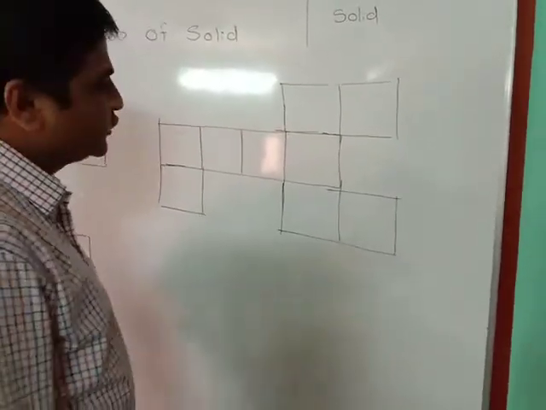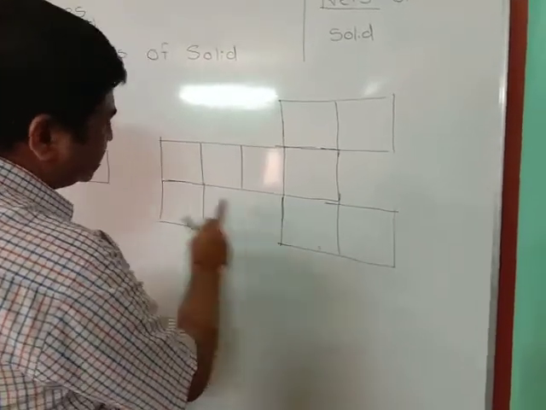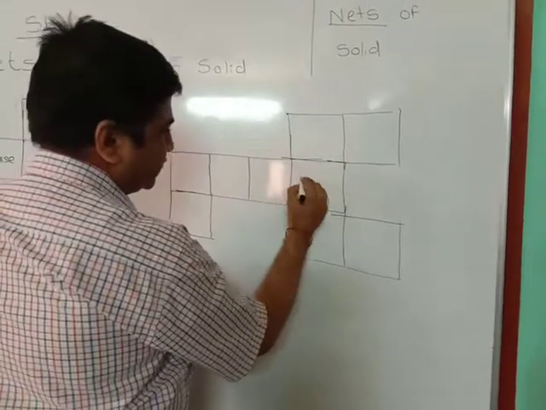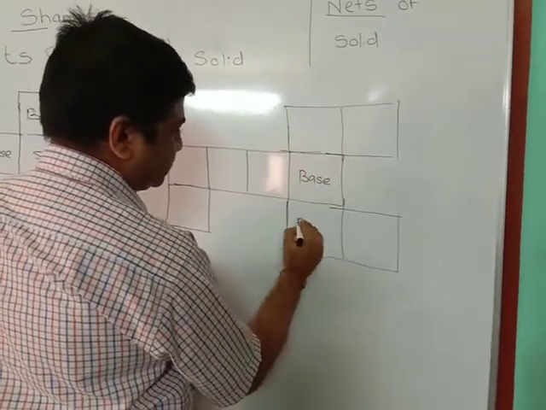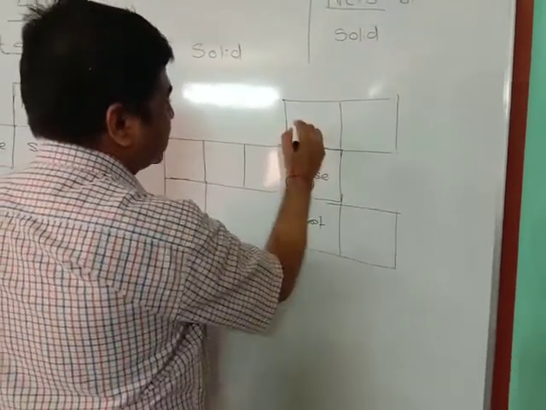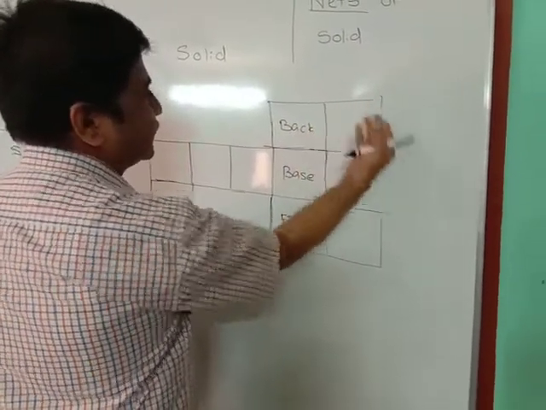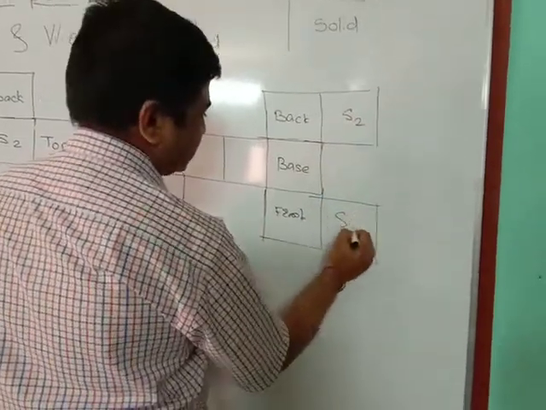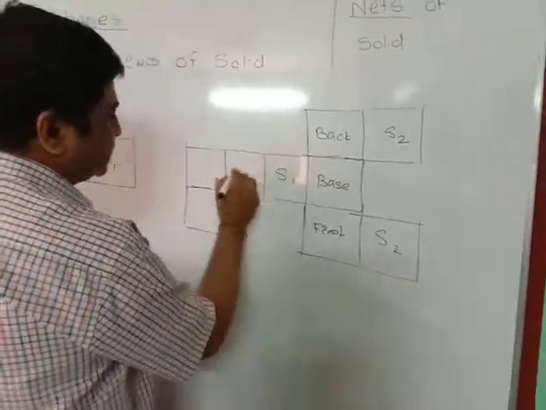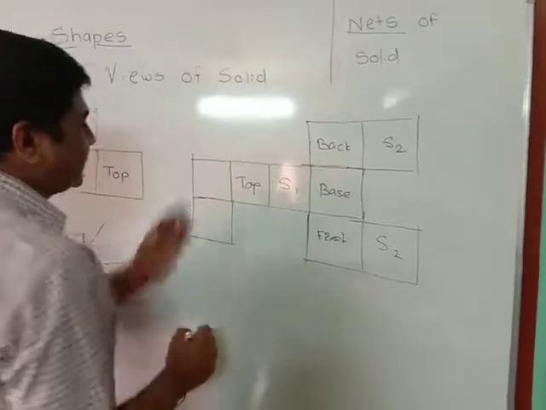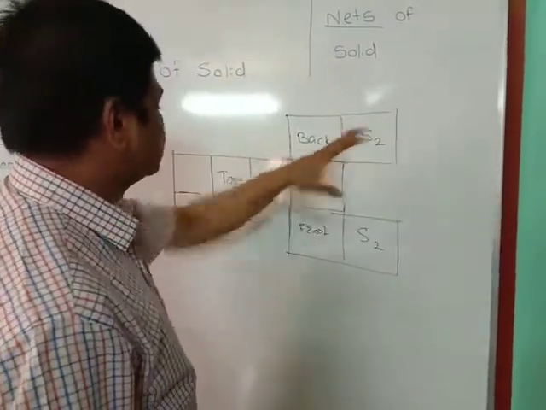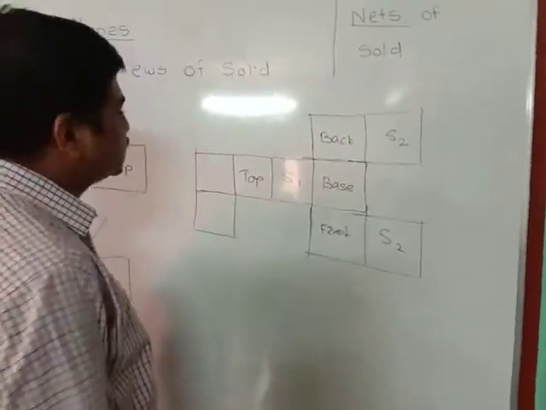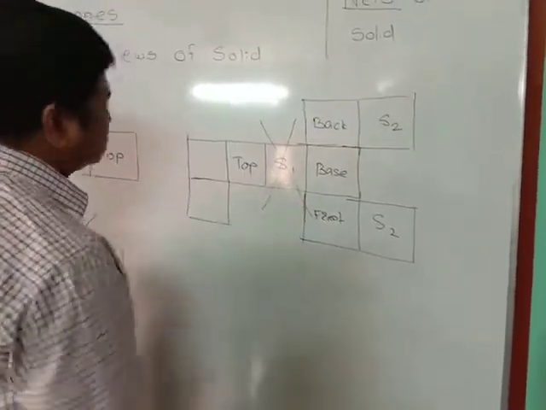Definitely, this will form a cube, but this side will overlap. For example, if we are starting with this, this will form a base, this will form a front, this will form a back. But when we fold these two squares, this will form a common side 2. This will form a side 1. This will form a top. Again, these squares are going to overlap the sides present in the cube. So this is also not a possible net of a cube.